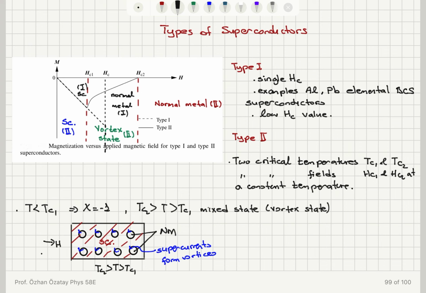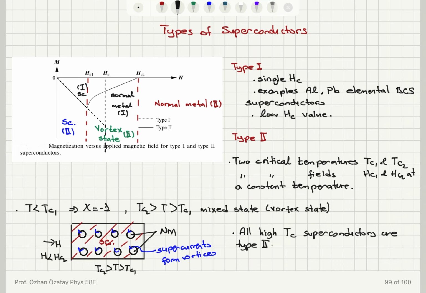Okay, so H less than Hc2. Examples of these superconductors: basically all high Tc superconductors are type 2. So they're all type 2 superconductors.